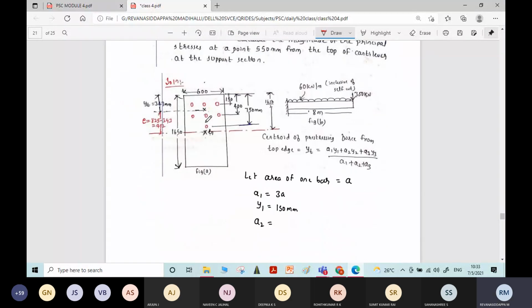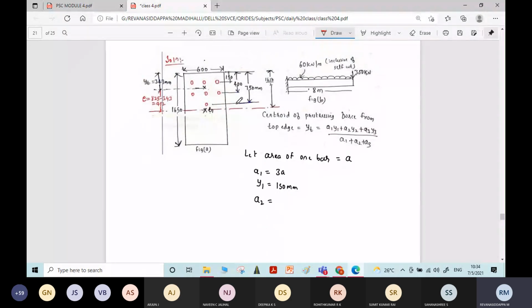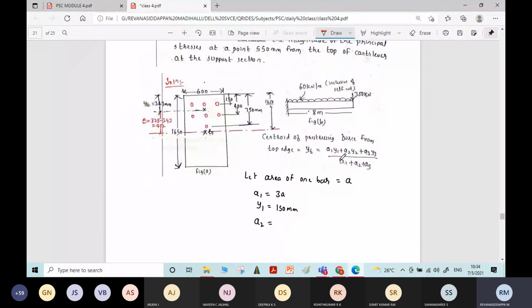Now, to find the centroid of all the bars, we have the formula. Yt is equal to, with respect to the top fiber, (A1 Y1 plus A2 Y2 plus A3 Y3) divided by (A1 plus A2 plus A3). The bars are provided in 3 rows, and for each row I have considered area 1, area 2, and area 3.